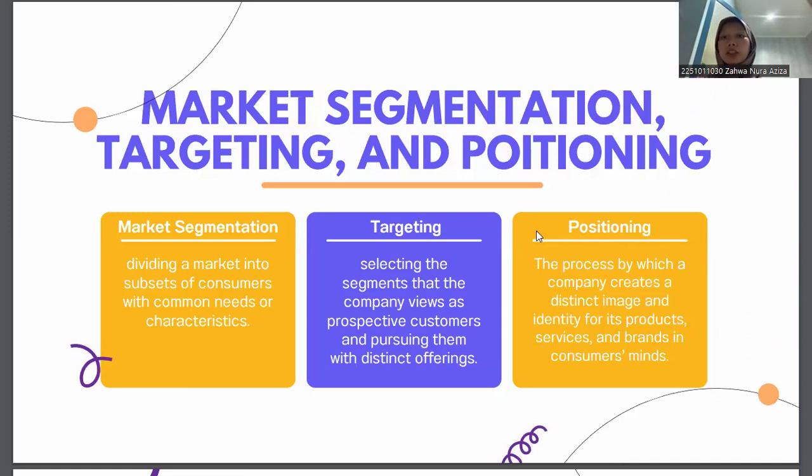Marketing segmentation, targeting, and positioning. So in market segmentation, it is defining a market into subsets of consumers with common needs or characteristics.